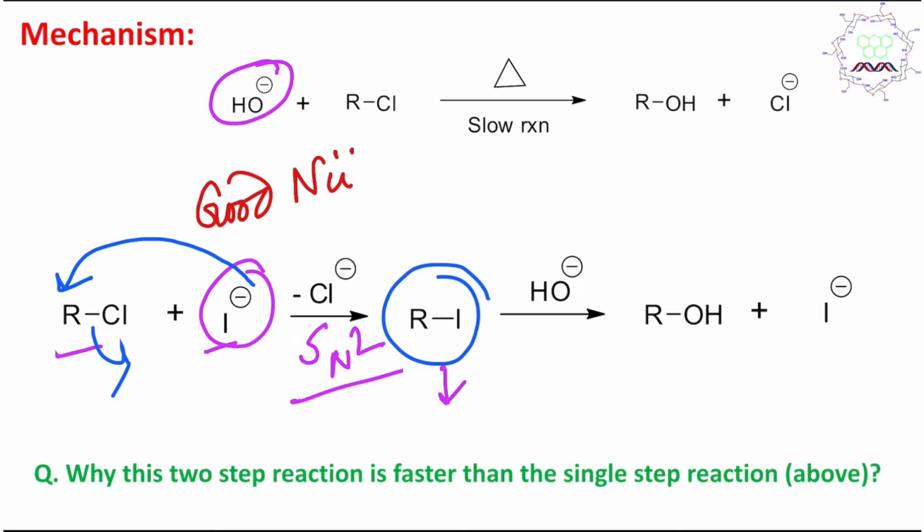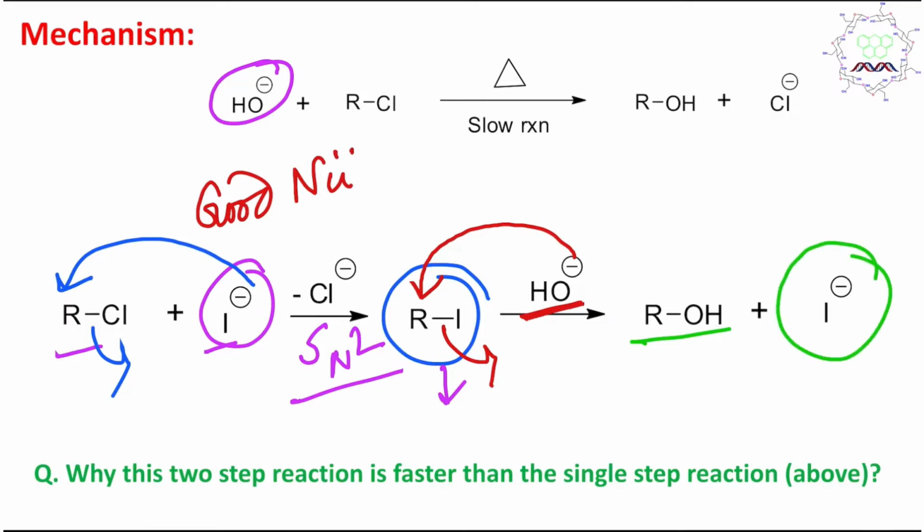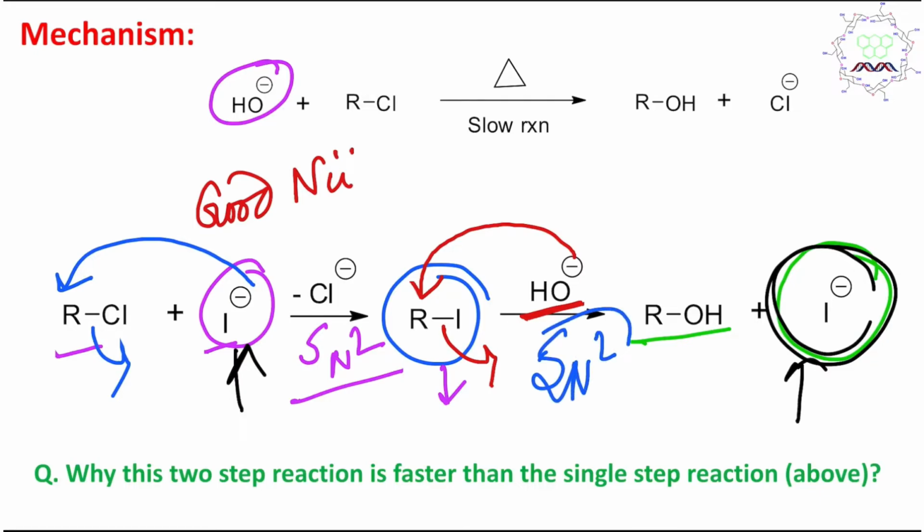In the next step, this alkyl iodide is further attacked by hydroxide, and in this way it produces the alcohol and iodide. So first iodide is consumed and in the second step iodide is regenerated. So this is truly a catalytic process, an overall catalytic process, and the second reaction is also an SN2 type reaction.